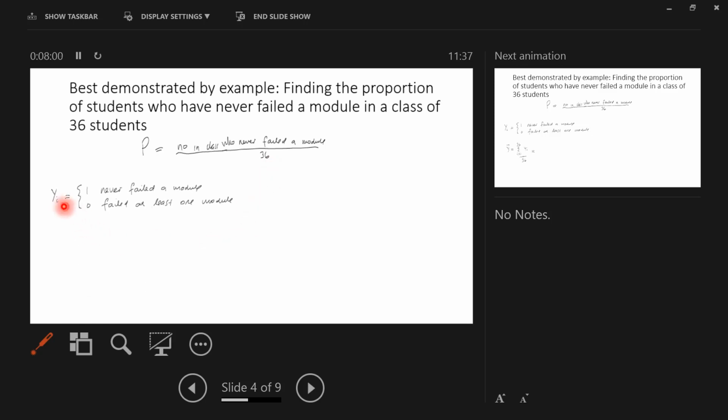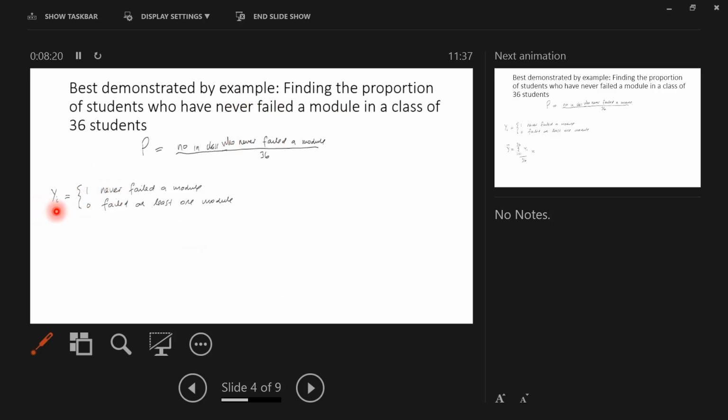Now, the way to do it is to say y_i is 1 if you never failed the module, because you've got to look at what you're asking. Like the example I did just now about the girls: the girls were 1 because I said, what proportion of the class is girls? In the example here, we're saying what proportion never failed, so you give a 1 to everybody who never failed.